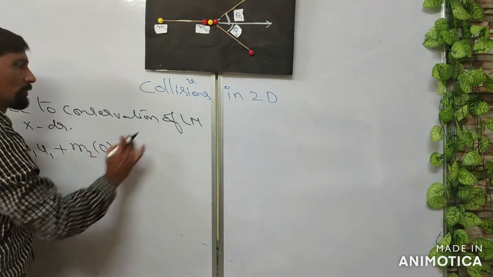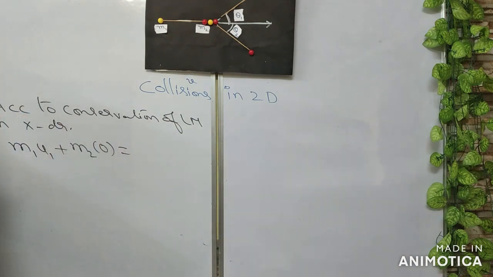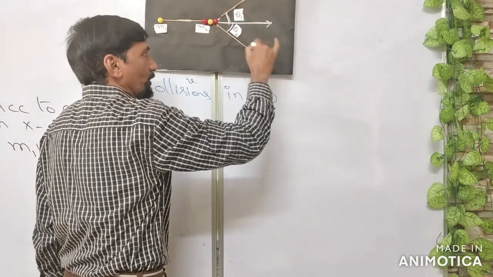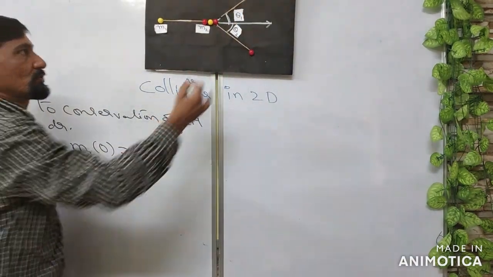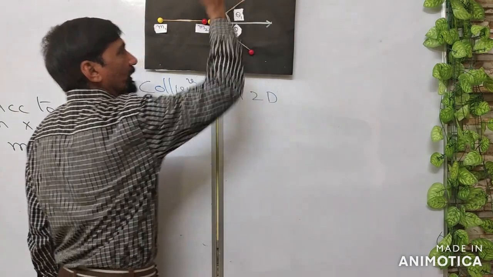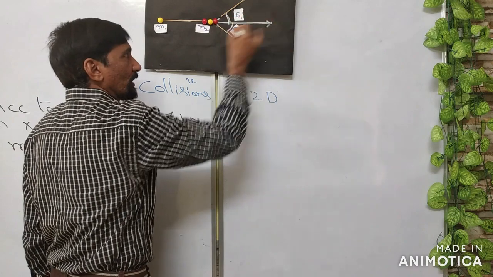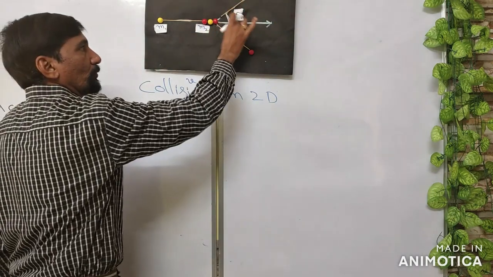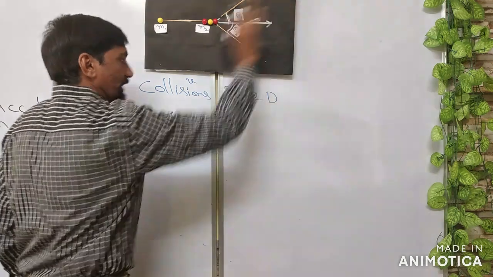That is equal to, in the horizontal direction, the resultant velocity of the first body v1 and second body v2. The velocities are resolved into two components, horizontal and vertical. Both the horizontal components are added along the x direction.